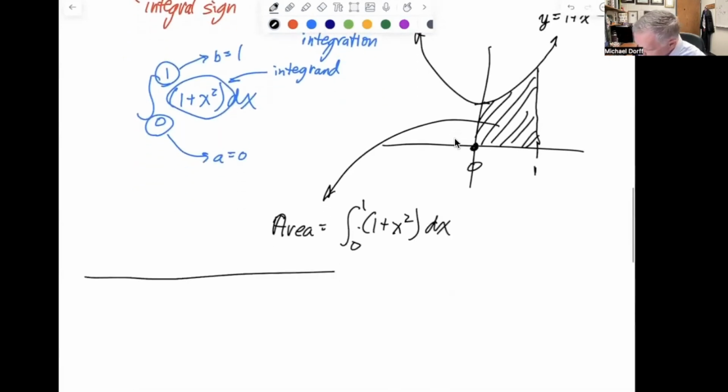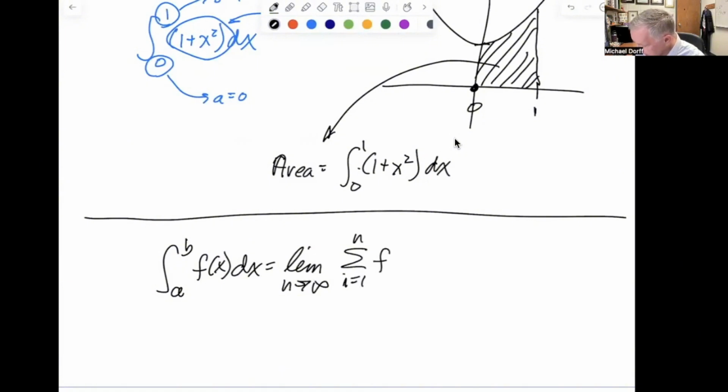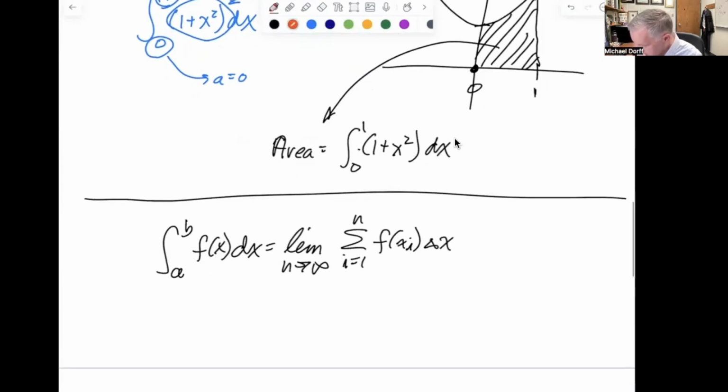Okay, now when we talk about this, we say this integral from a to b of f of x dx is going to equal the limit, n goes to infinity, of the sum i equals 1 to n of f of x sub i delta x. So what's happening here on the right-hand side?